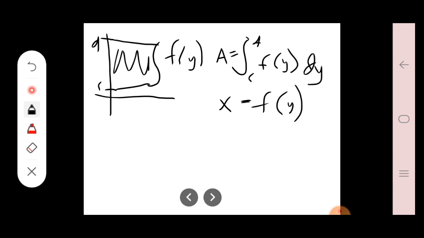Now if you want to find the area between two curves, let's say we have f of y and g of y.